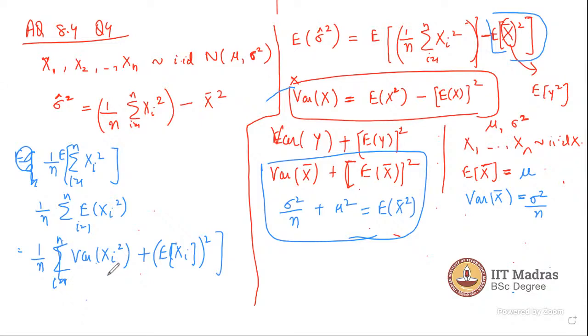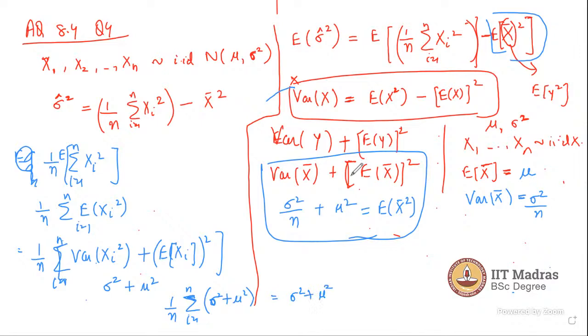Sigma square. And what is the expectation of each of the xi? Mu. Square. So this is mu square. So you have to sum it over. So you have 1 by n, sum over i varying from 1 to n, sigma square plus mu square. Correct? So if you sum, you will get n times, so this n and n will get cancelled out, and you will just have sigma square plus mu square.